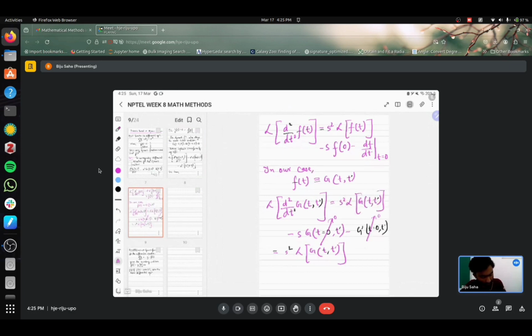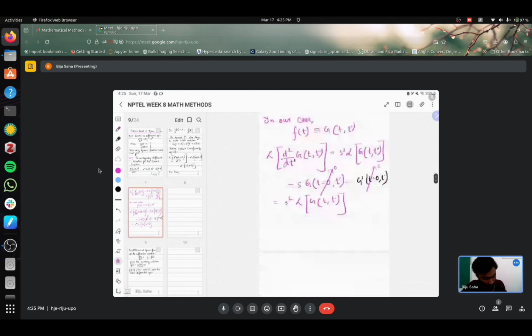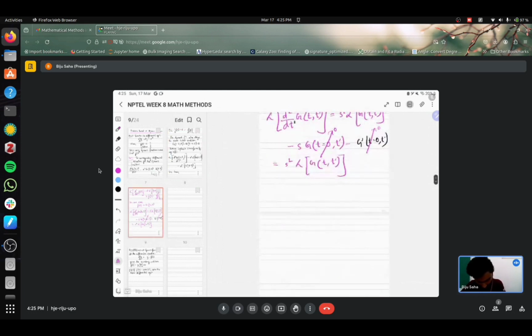These are the intermediate calculations that we did to obtain the Laplace transform of the derivative. Once we obtained it, let's put this in our equation.